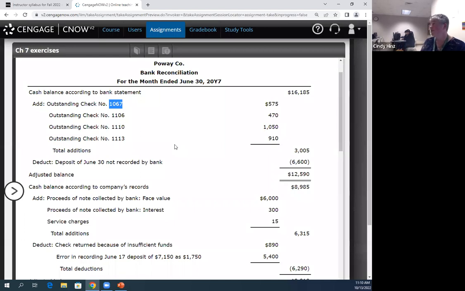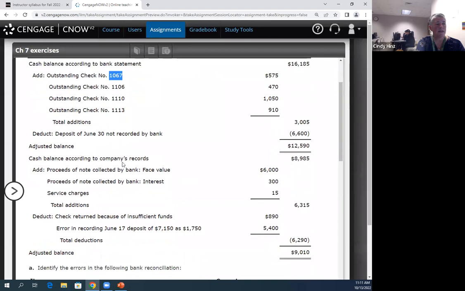Here we are at the end of June, and that check may be from, I don't know, April. I really don't know. But we'd want to know how old that is. Do we need to start doing some follow-up on that? Do we need to cancel that, put a stop payment on that check and reissue it possibly? But we'd want to check with whoever received or should have received that check before we did anything else.